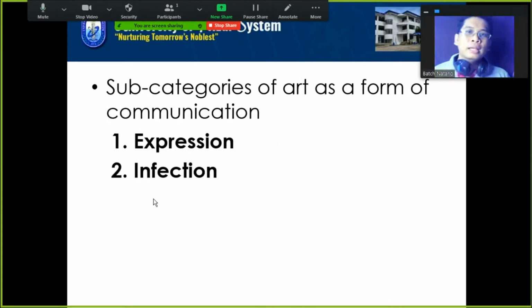Okay, so subcategories of art as a form of communication. Na-mention ko na kanina yung expression and infection. May pinabasa ko sa inyo about expression and infection sa book ni Richardson, and this will be tackled here. At dito na papasok yung tanong ni Kuya Lu.